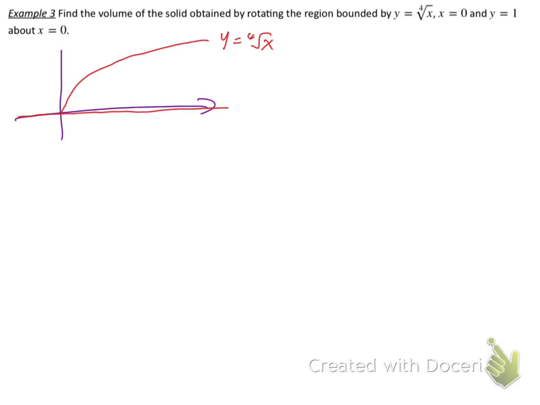This is x equals 0. And I guess I'll call this 1. This is y equals 1. And we're looking at this region, and we're rotating it about x equals 0.